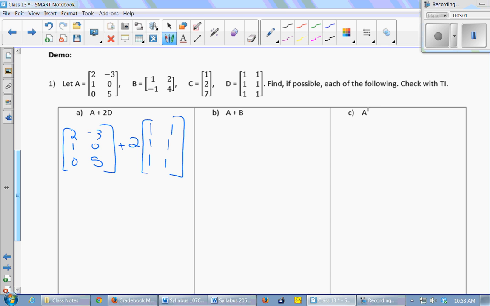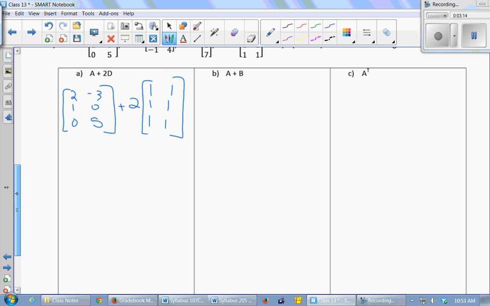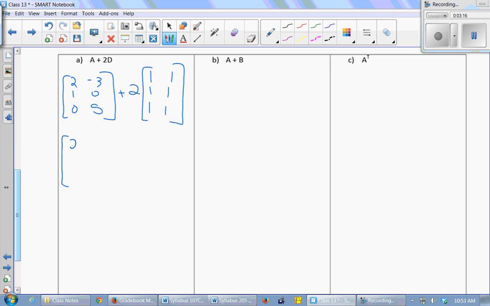First, you distribute the 2. How do you multiply a scalar by a matrix? Yep, you multiply that scalar by every entry in the matrix. So this becomes 2, 1, 0, negative 3, 0, 5, plus every entry in this matrix multiplied by 2, so I get 2, 2, 2, 2, 2, 2.